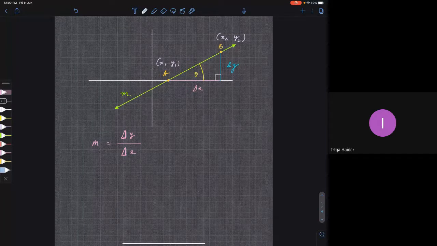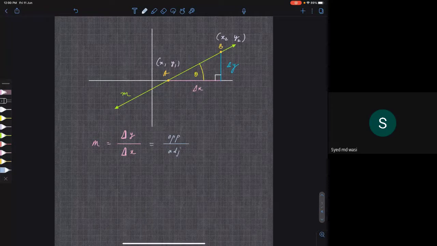Delta y is the opposite side. So instead of delta y, I can write opposite side, and instead of delta x, I can write adjacent side.